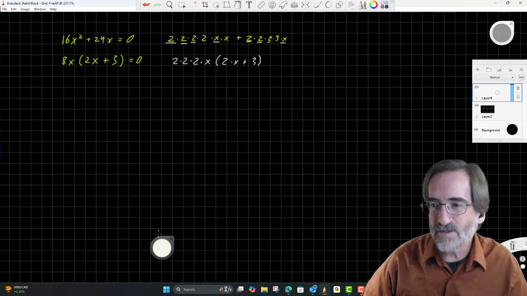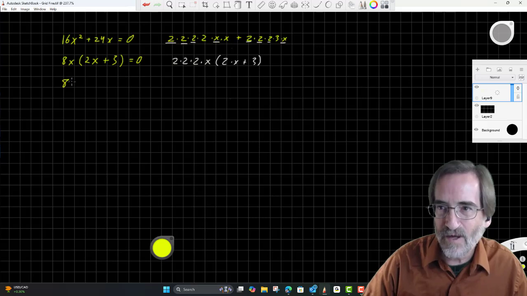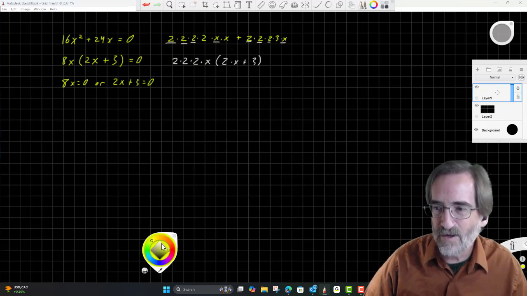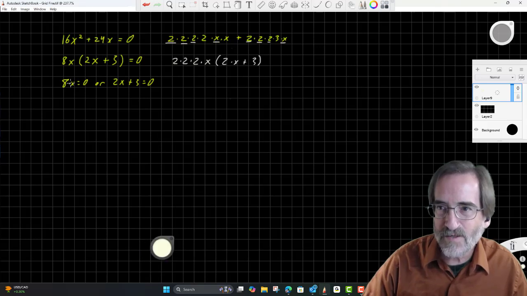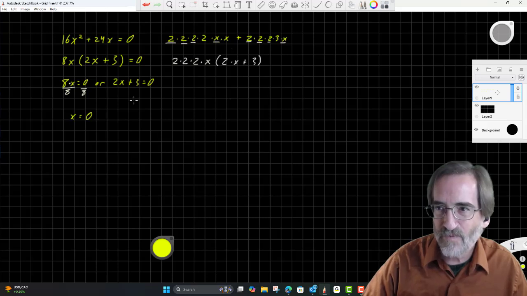Then, of course, we set each factor equal to 0 as we learned in the last lesson. 8x equals 0, or 2x plus 3 equals 0. I solve by undoing. The opposite of times 8 is divide by 8. 8 divided by 8 is 1, and 1 times x is x. 0 divided by 8 is 0.